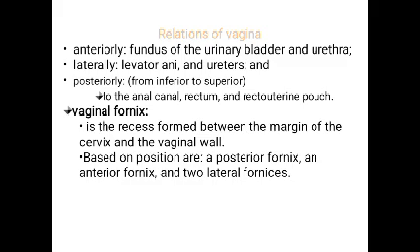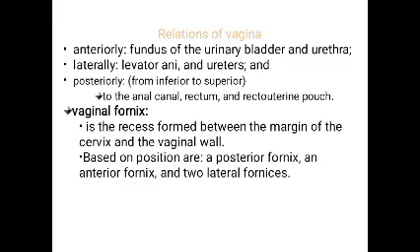Relations of the vagina: anteriorly, the fundus of the urinary bladder and the urethra; laterally, the levator ani and ureters; and posteriorly, from inferior to superior, the anal canal, rectum and recto-uterine pouch.